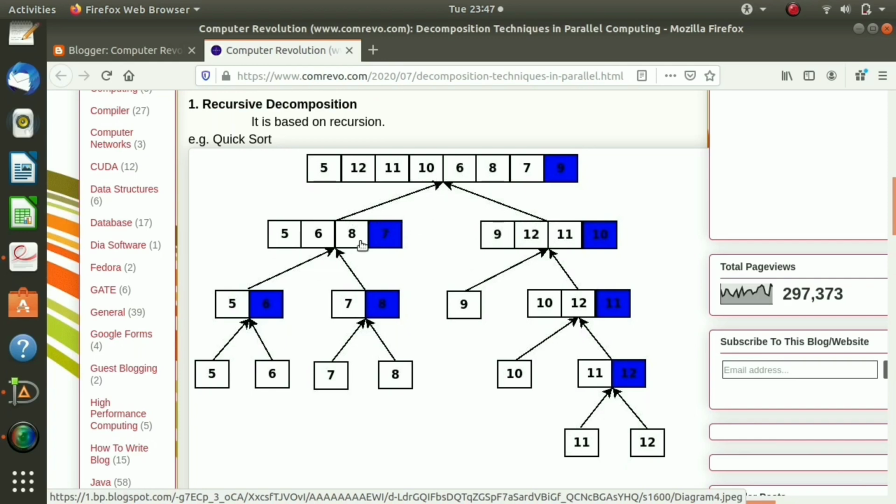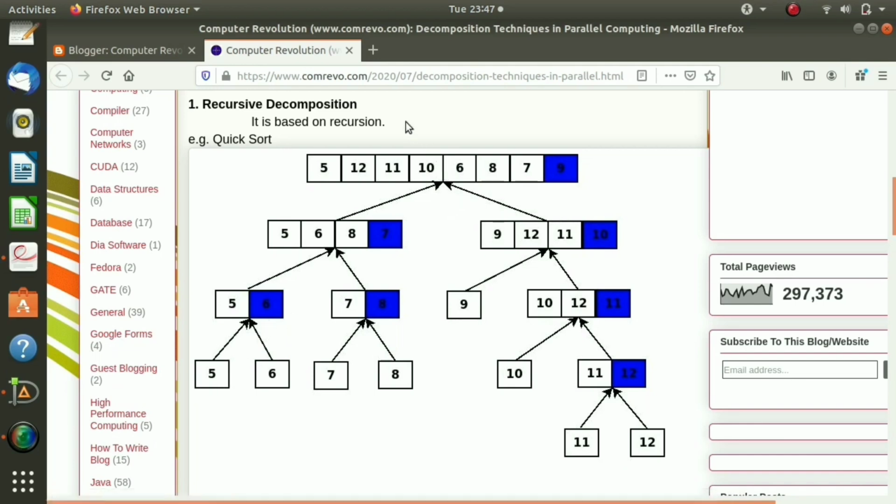They are not dependent on each other, and again we recursively divide them into sub problems, until we get atomic sub problems which cannot be divided again, and then we combine the results and get the final outcome. That is called recursive decomposition.